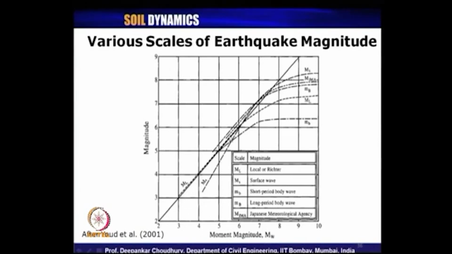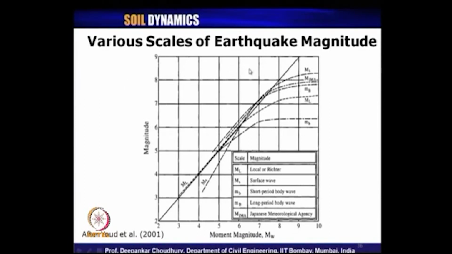This is the line of equality, this solid 45-degree line, you can see 2, 2, 3, 3, 4, 4 like that, and different scales. You can see this ML, the local earthquake magnitude, which we commonly know as the Richter scale of earthquake magnitude.